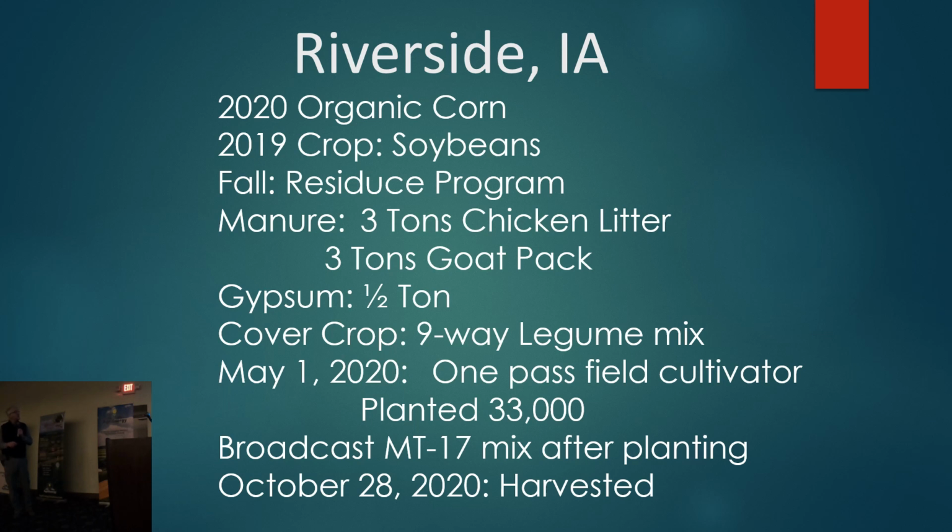He also put on a half ton of gypsum to again provide the soluble calcium. So we're flocculating the soil, give the microbes a good home to work in. After that, he seeded a 9-way legume cover crop mix. So he really did a lot to set himself up for good yields in 2020.